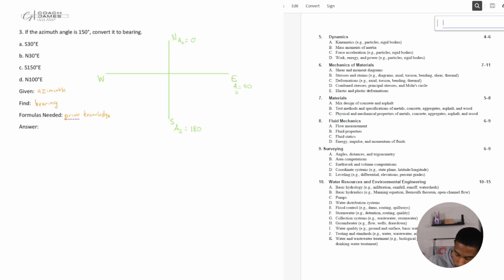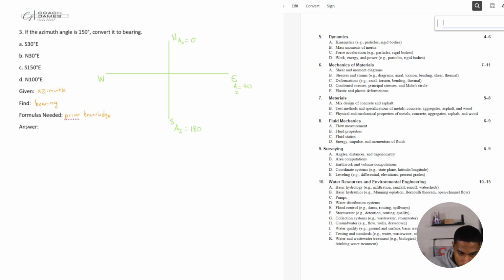So I know that my azimuth comes before 180, it doesn't keep going, so I'm going to be in the southeast region, right?